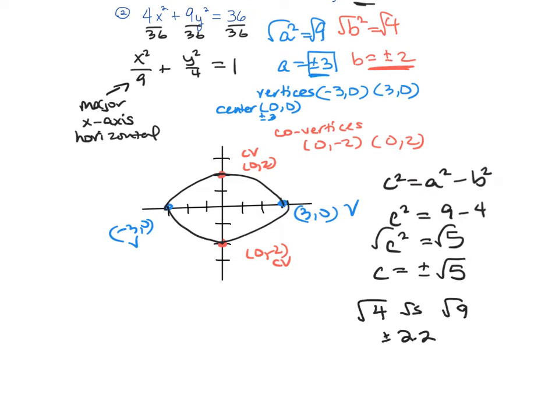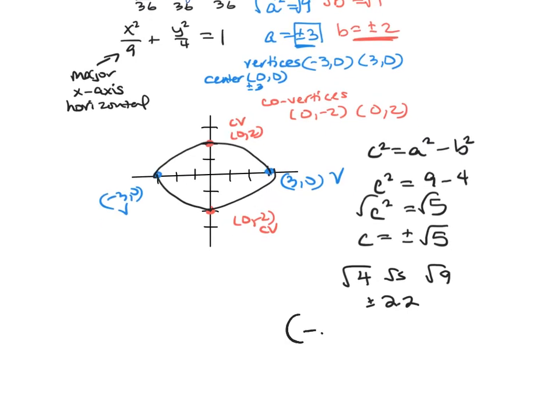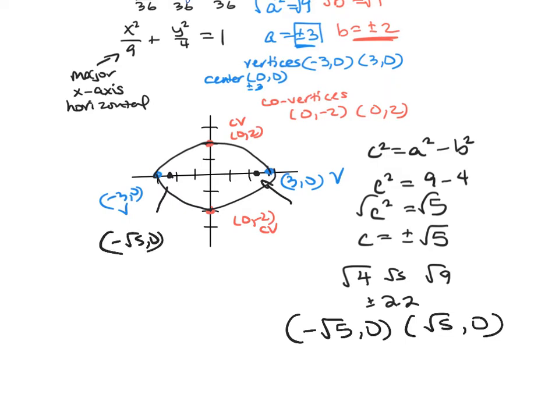So this is what I'm going to be graphing. So my focus points are going to be -√5, 0, and +√5, 0. And again, I'm going to put these on my graph, so about here and here. So you can say this is -√5, 0, and you can say this one is √5, 0.